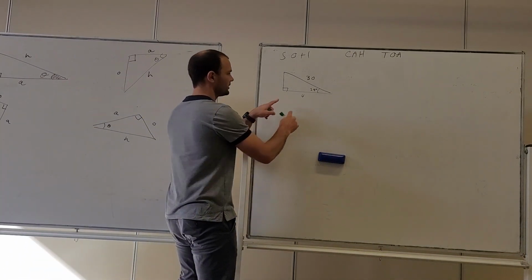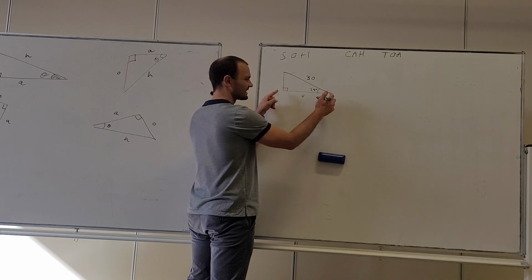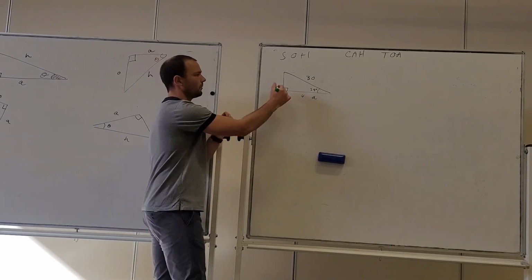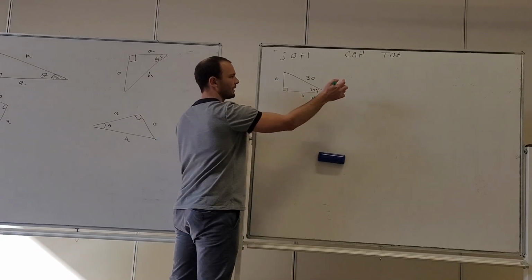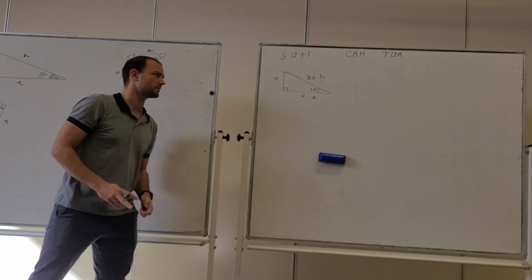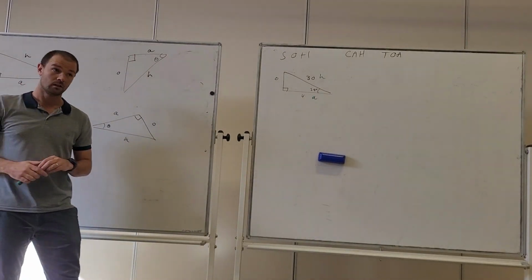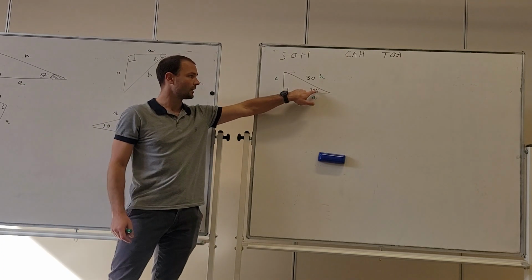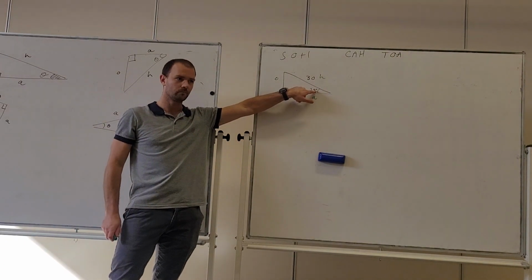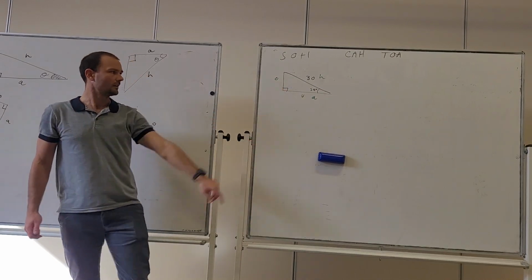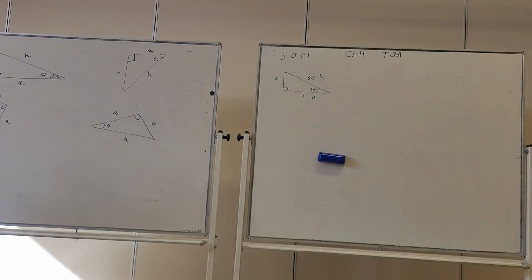All right, so the adjacent side connects the right angle with theta. The opposite is opposite the angle we're given, and the hypotenuse is opposite the right angle. Okay, so perhaps the difference between here and here is we're given a number for the angle. All right, that's fine as well. That's the angle we're given, so this is how we're going to label the triangle.